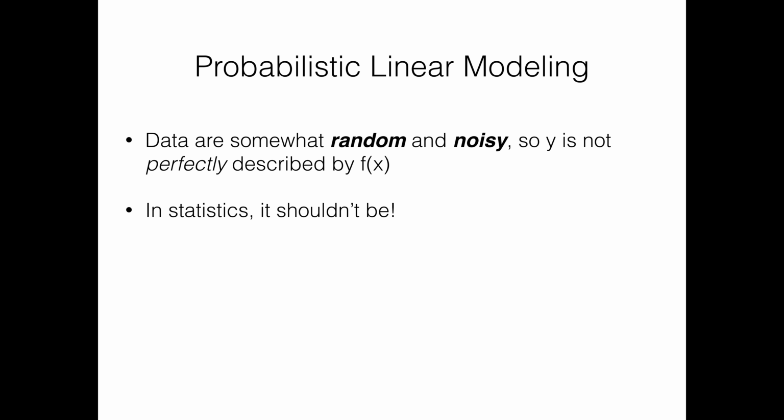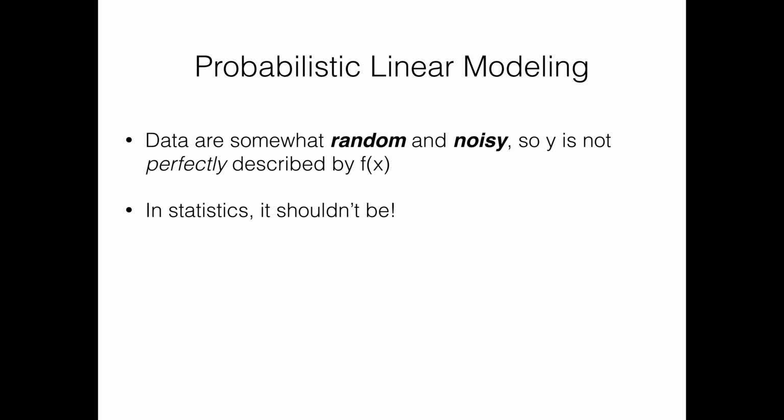Of course, an f of x can capture a trend, but the data can also fluctuate around this f of x according to some noise. That isn't a bug, but in fact a feature.